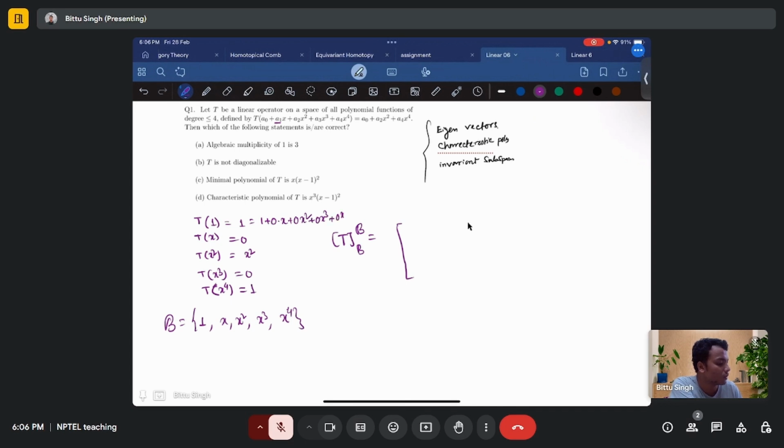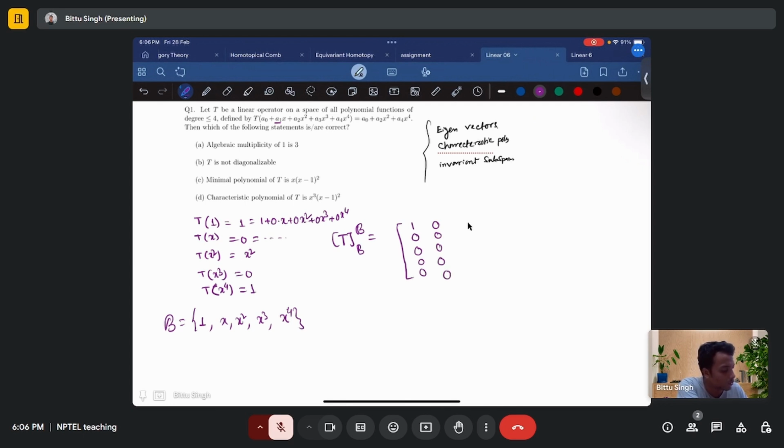If we write those in a column, then it is simply 1 0 0 0 0, and the same for the second. All those coefficients are 0, therefore the second column will be 0 0 0 0 0.